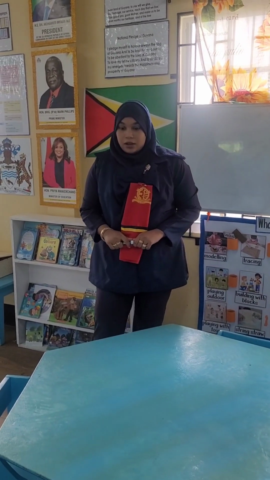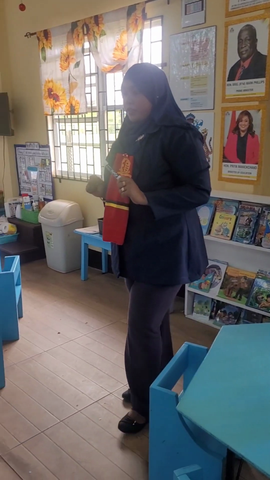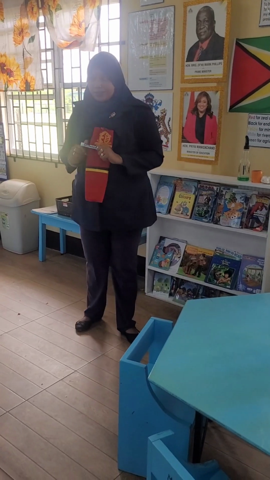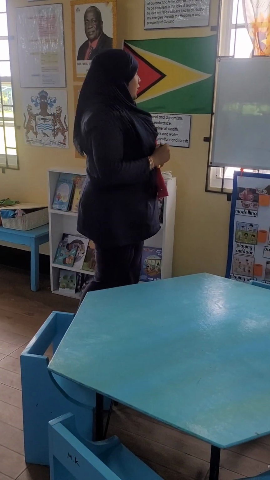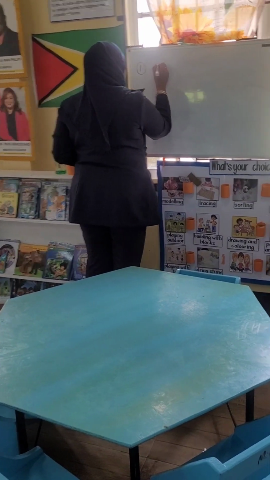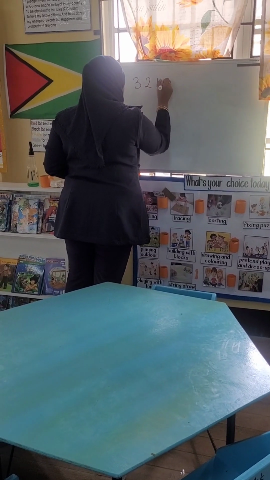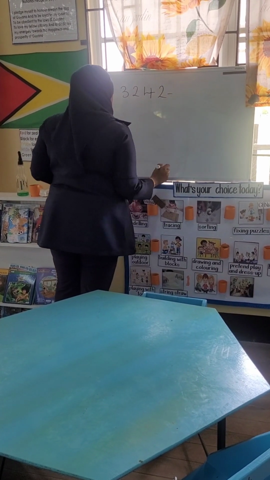Good. So now we are going to be expanding some of the numbers. Can everyone remember how to expand numbers? Very good. So let us put it to a test now. So we're going to go with the first one. The first number is good.